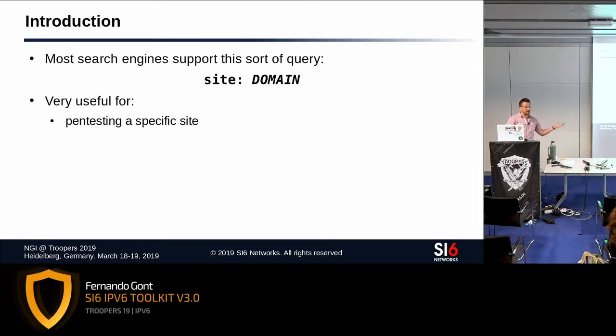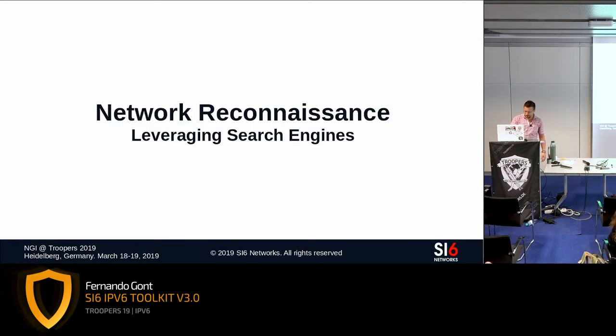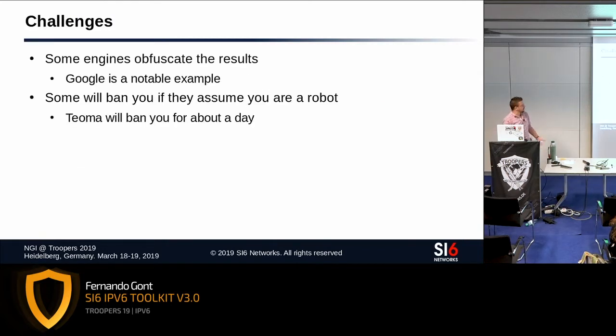Some are not mentioned here, like DNS reverse enumeration, which you probably heard about already. So I took a look at search engines, which we all know, and the keyword that, when you use Google or any other search engine, you can use to restrict the search results to a specific domain name. I started to look at different search engines.